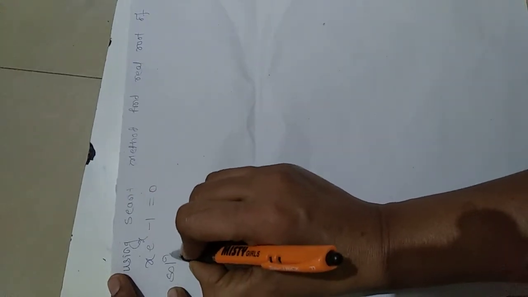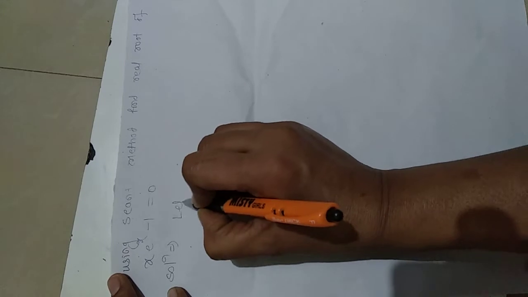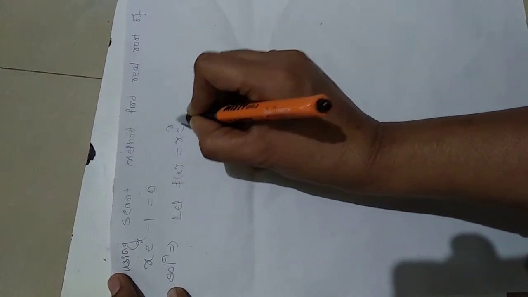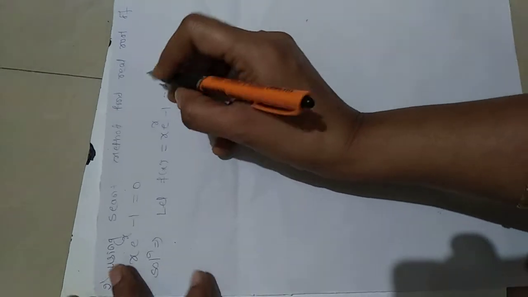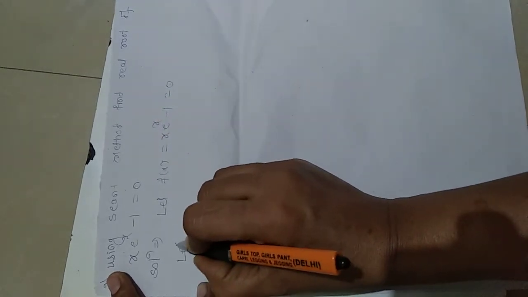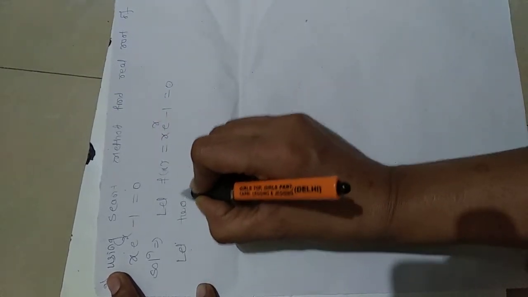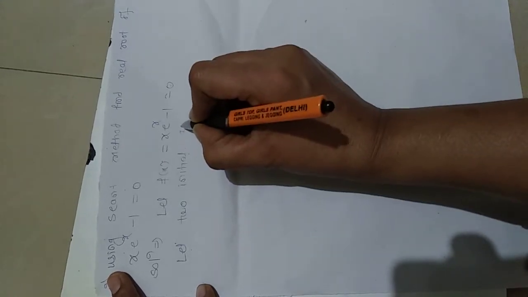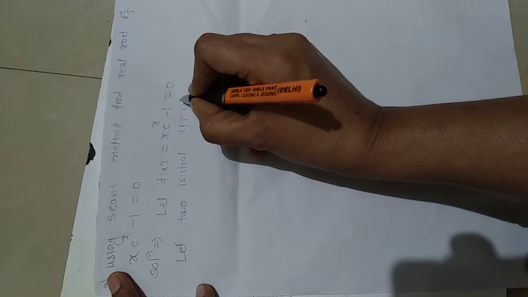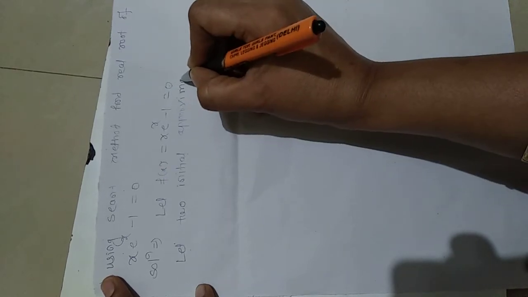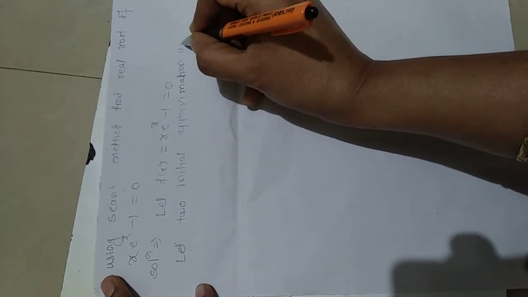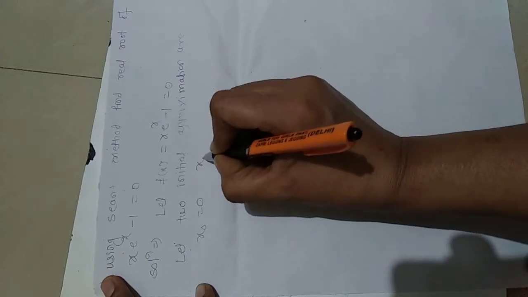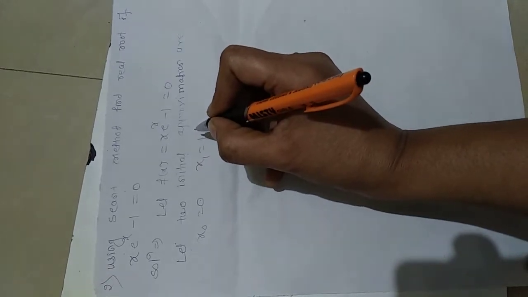First, write the given problem solution. Let f of x is equal to x e to the power x minus 1 is equal to 0. Let two initial approximations be x0 is equal to 0 and x1 is equal to 1.